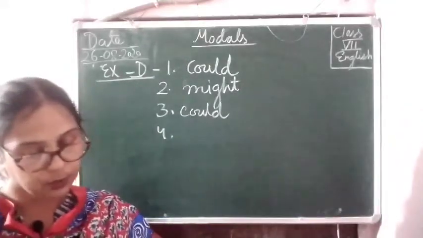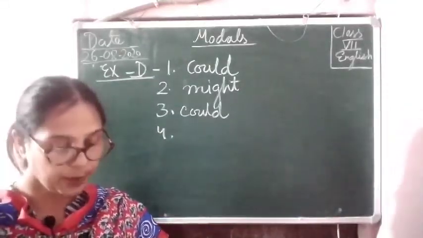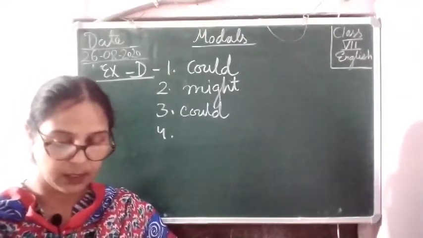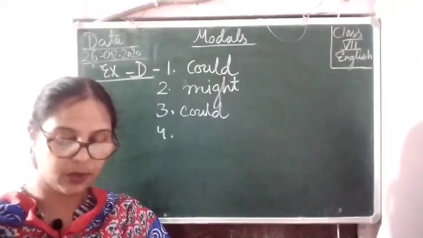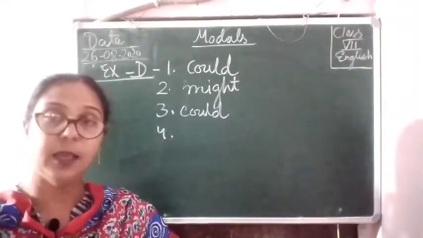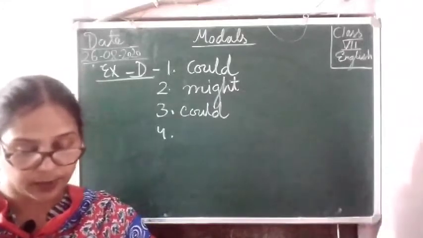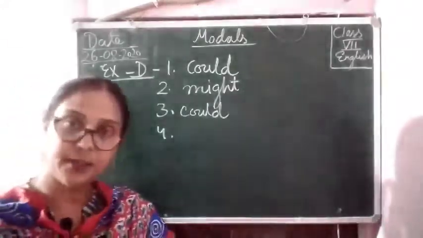Now we are moving to number 4. He dash be doing his homework this afternoon instead of sleeping. In this we have to show weak possibility. So what are we going to write over here? Might.